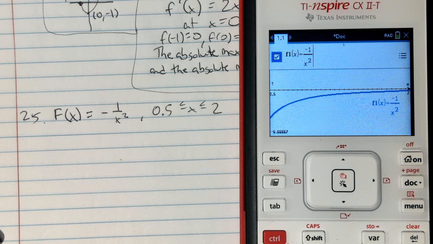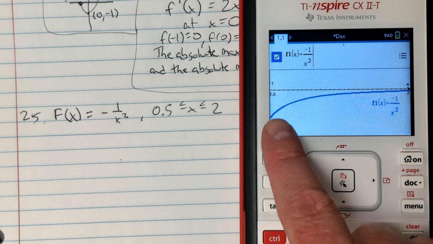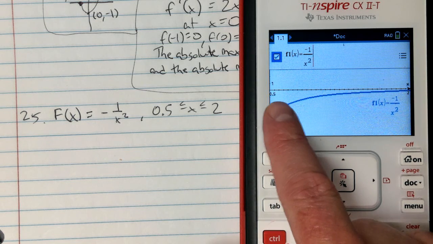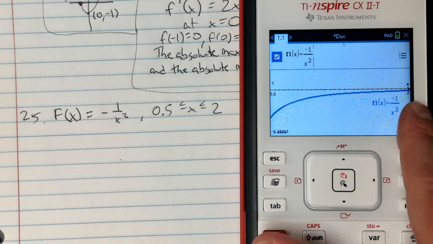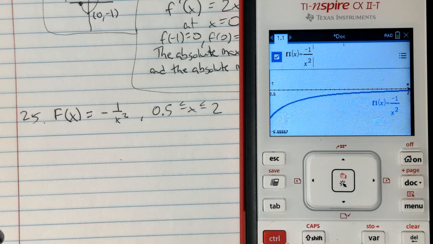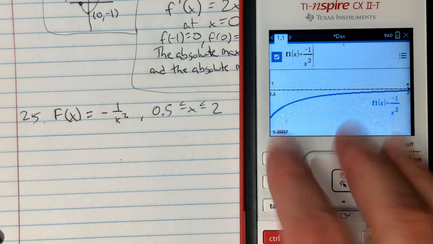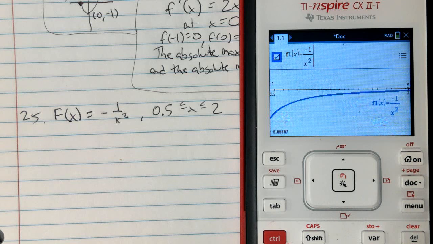So 25. Notice our scale is very, very different. This is from 0.5 to 2, but it's got so many tick marks. So we actually may be better off just changing that back. That does look quite different.